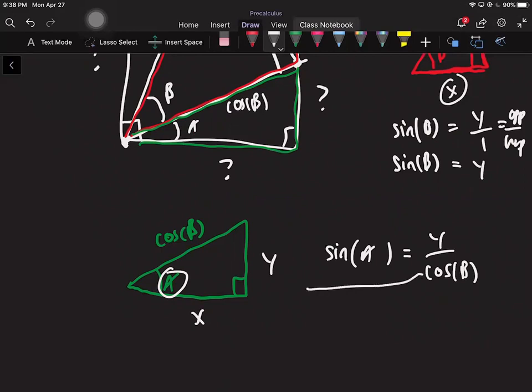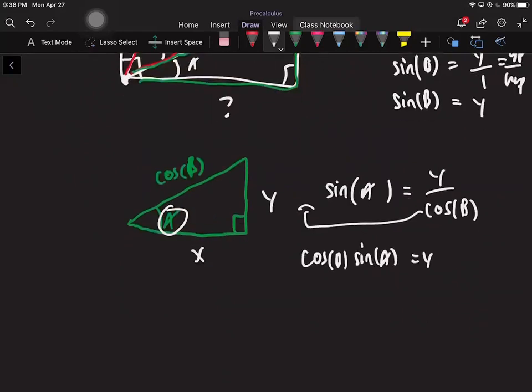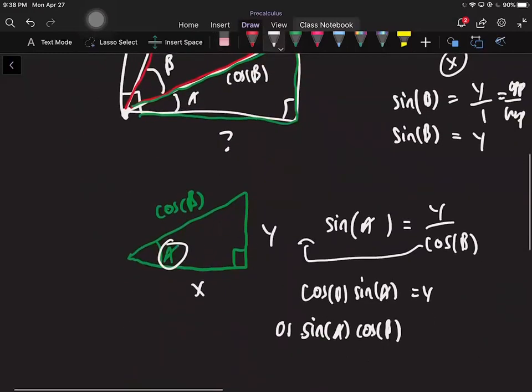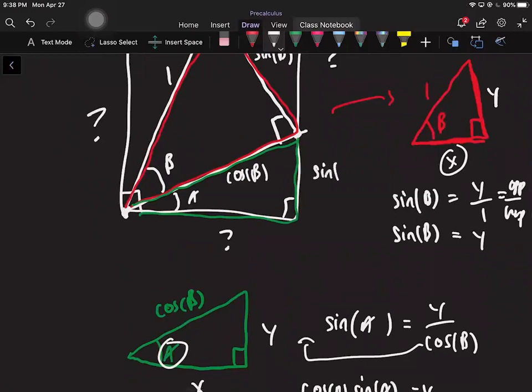So if I just multiply that cosine up, I now figure out that side. So it's cosine beta sine alpha, but people usually write it as the sine first, so we're going to do it like that too, just for later. So now we figured out another side. So this is going to be sine alpha cosine beta. That's how long this side is right there.